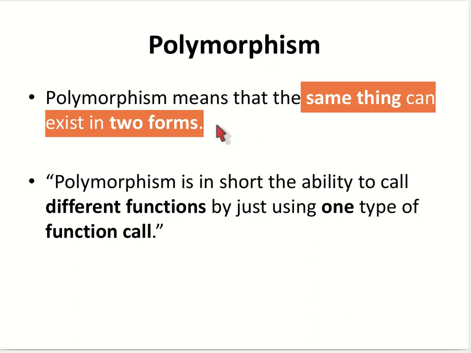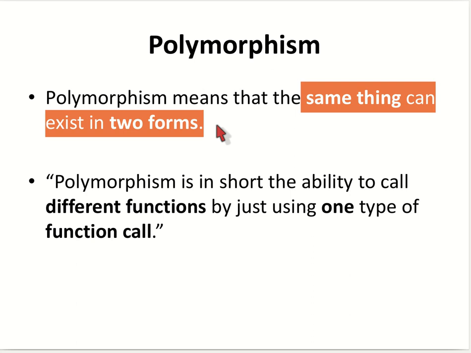Have you seen the puffer fish? If you haven't, please search for it, and you can see whenever it is frightened, it will change its form to another form. So this puffer fish is an example of polymorphism.